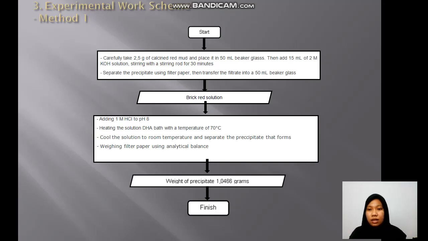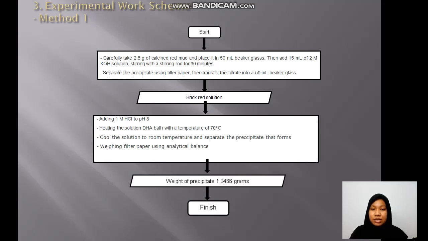Add 25 ml of 2 molar KOH solution, stirring with a stirring rod for 30 minutes. Separate the precipitate using filter paper, then transfer the filtrate into a 50 ml beaker glass.